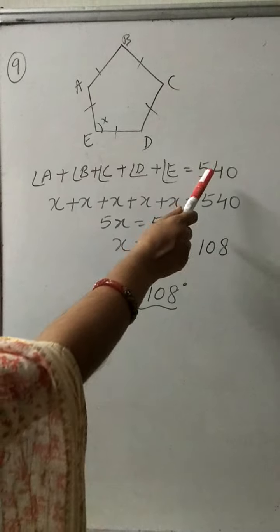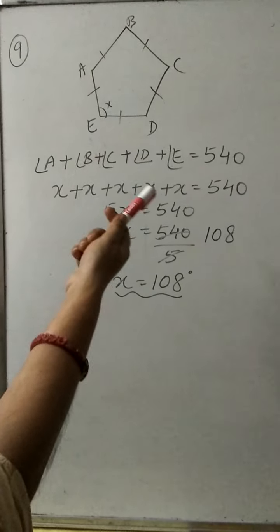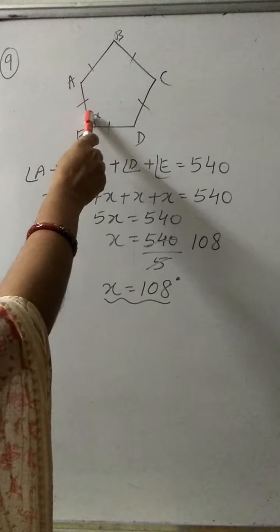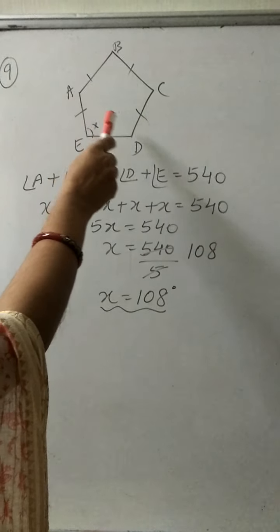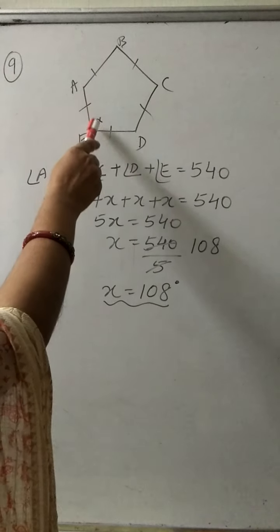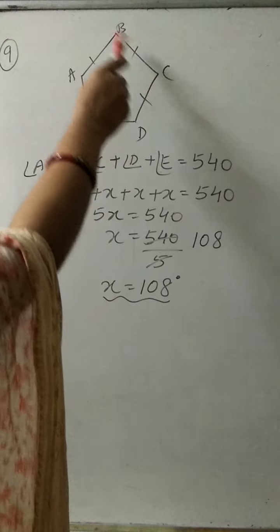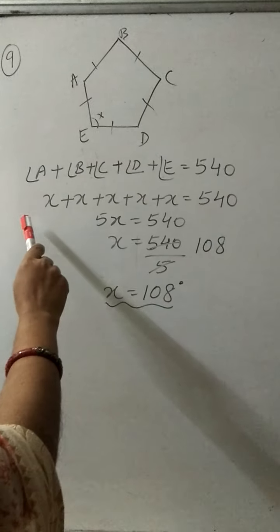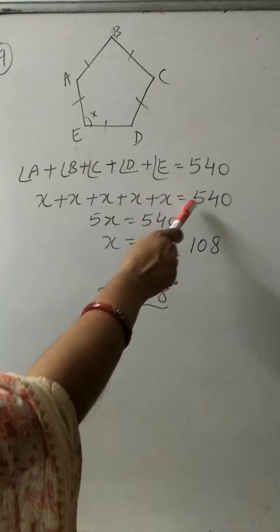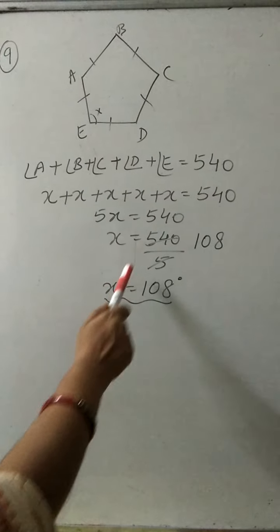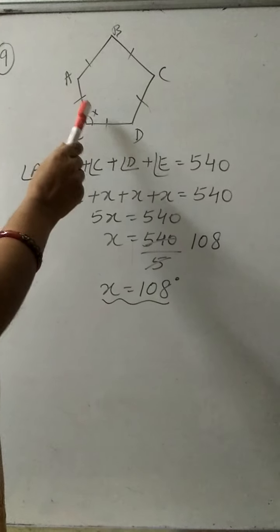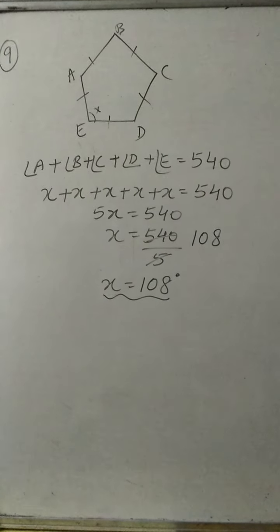If all the sides are equal, that means all angles will also be equal. So if this is x, this will be x, x, x and x. So x plus x plus x plus x plus x is equal to 540. Calculate it and the value is 108. So the value of x is 108.